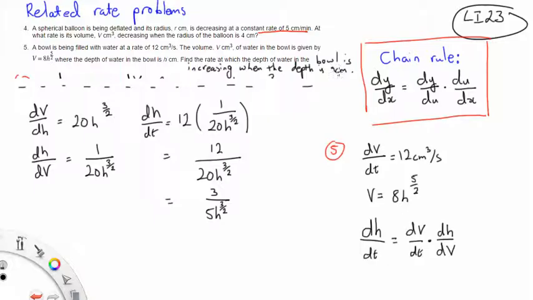So let's solve it for when h is 9 centimeters. Let h equal 9 centimeters. So that means dh/dt equals 3 on 5, 9 to the power of 3 on 2. Okay. Now, 9 to the power of the half here.